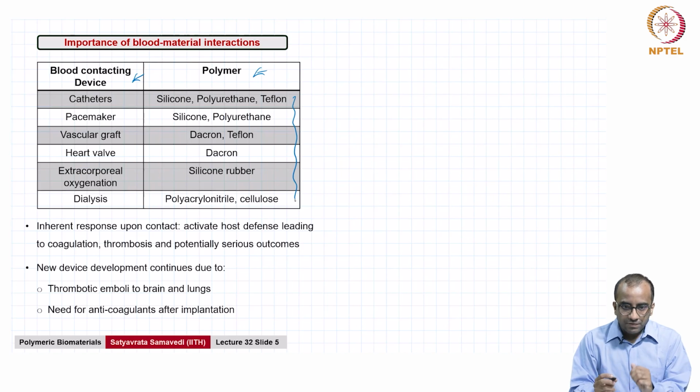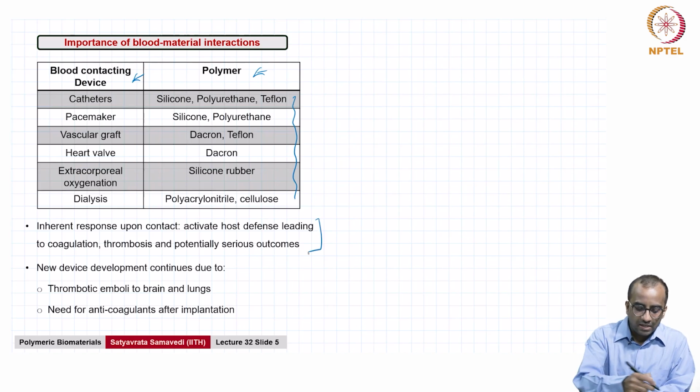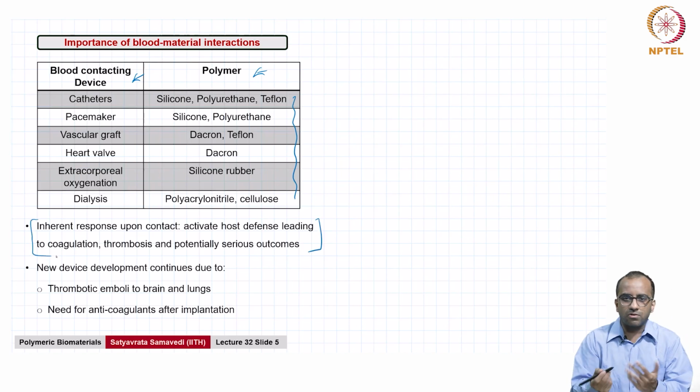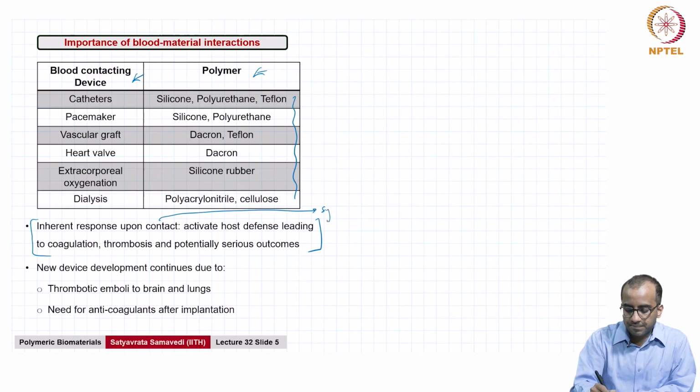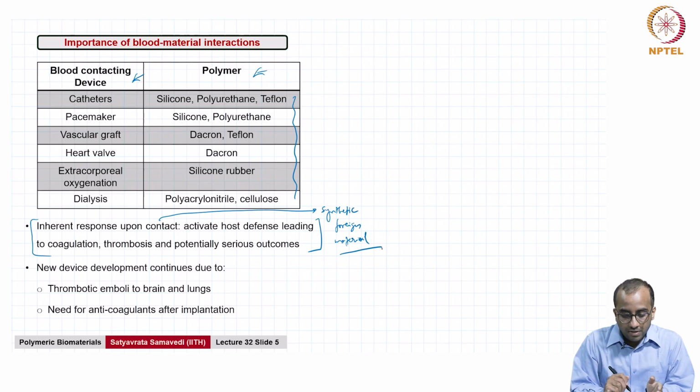And as we have already hinted, the inherent response to a synthetic or a foreign material, right, upon contact is for the host to activate the host defense system, leading to coagulation, thrombosis and potentially serious outcomes, right.